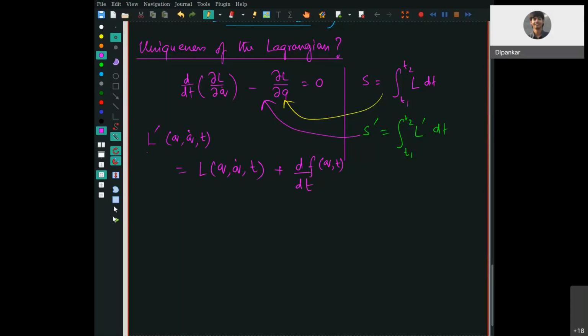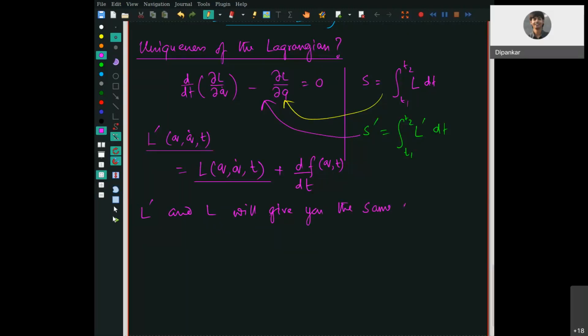So if L prime is related to L this way, then L prime and L should give you the same equation of motion.